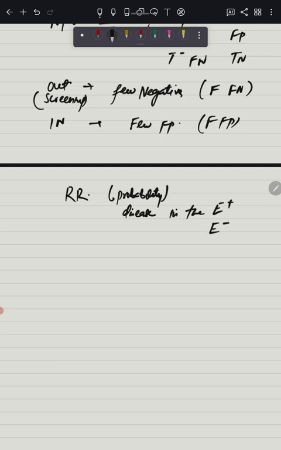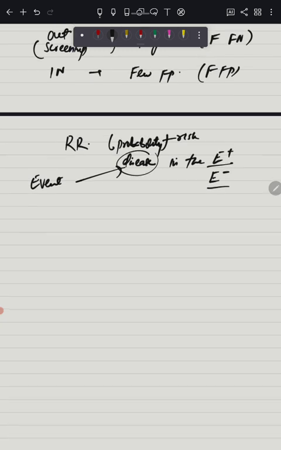Here we are describing the event as disease and probability as risk. So the risk of a disease in the exposed compared to unexposed, or relative risk ratio, is A upon A plus B divided by C upon C plus D.